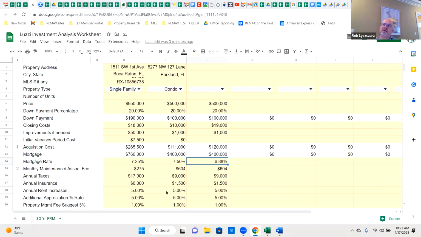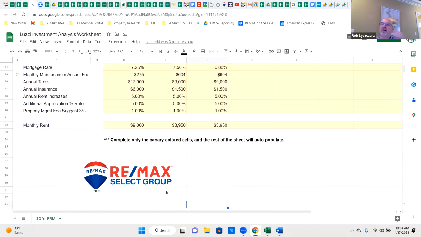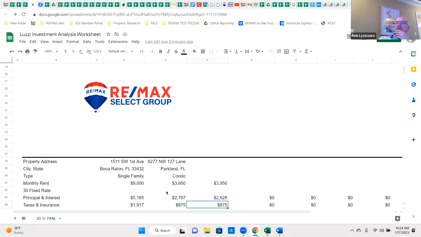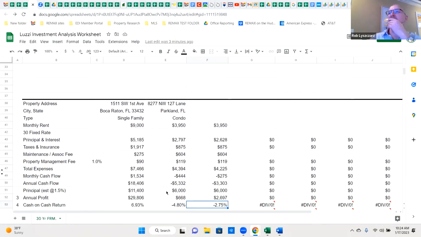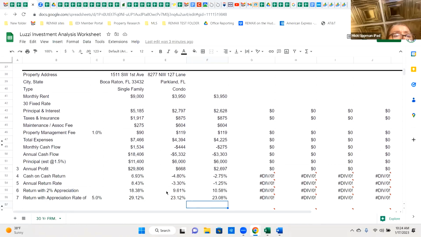So I think if you're able to show somebody, if you pay no points at 7.5, but you pay the fee for it to be an investment and to be a condo, you maybe get 6 7/8, maybe even a little bit less. It enhances the return a little bit. It gives us negative $275 per month.